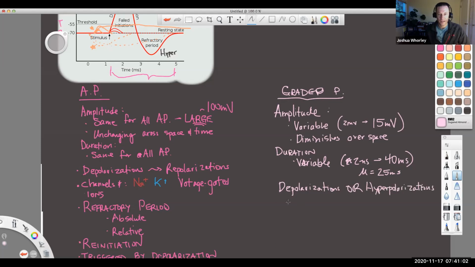And that's because a variety of different channels can open, right? The channels that open to produce graded depolarizations can be ligand gated, they can be mechanically gated, or they can be gated by temperature changes.